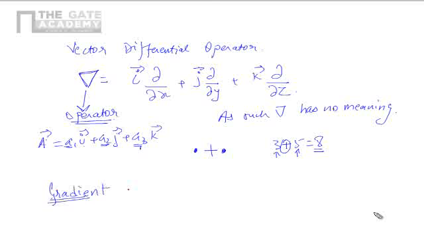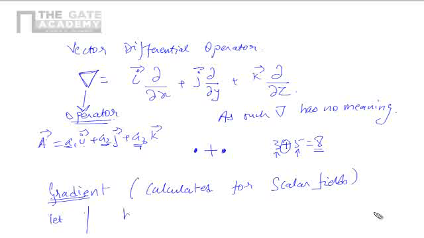Okay. Now, the first operation we are going to see is called the gradient. Gradient is always calculated for scalar fields. So, let phi be a scalar field. Scalar field in the sense of a scalar function.